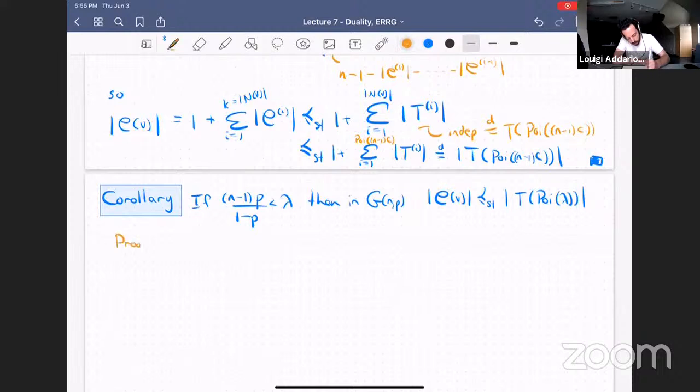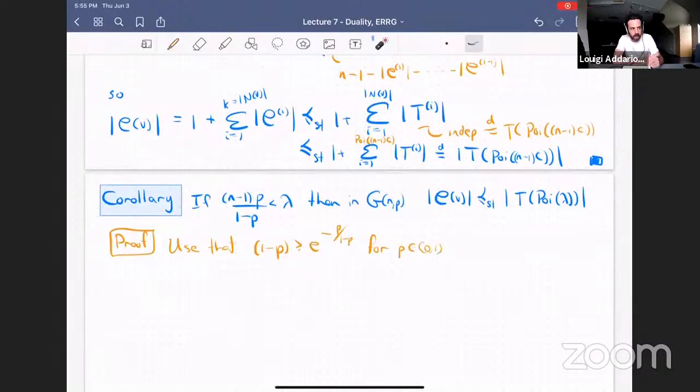To prove this, you just use that 1 minus p is at least e to the minus p over 1 minus p for p between 0 and 1, which is easy to prove from a Taylor expansion. Rearranging, p over 1 minus p is lambda over n minus 1, so 1 minus p is at least e to the minus lambda over n minus 1.